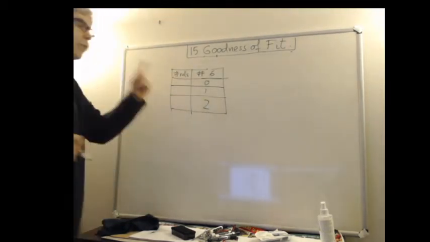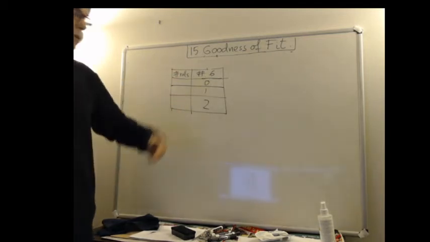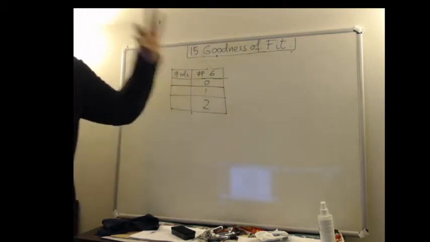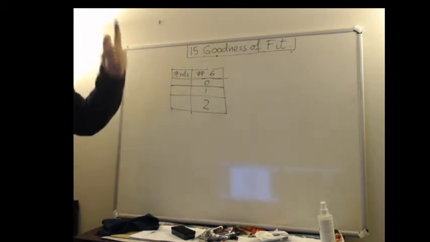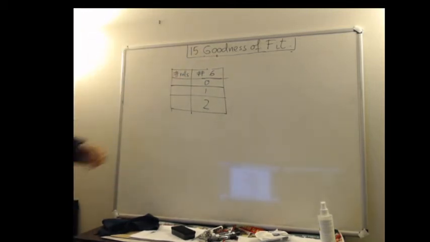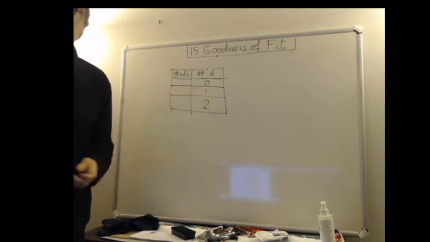So you can have either 0, 1, or 2 sixes. The 0 is when neither die is a 6, something else like a 3 and 4. The 1 is when one die is 6 and the other one is something else, like maybe 3. And then you have a 2 when you have a 6 and 6, one on each die.